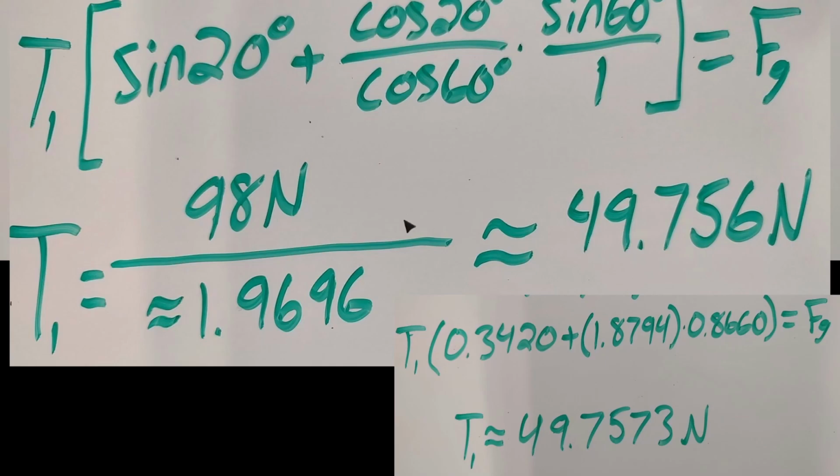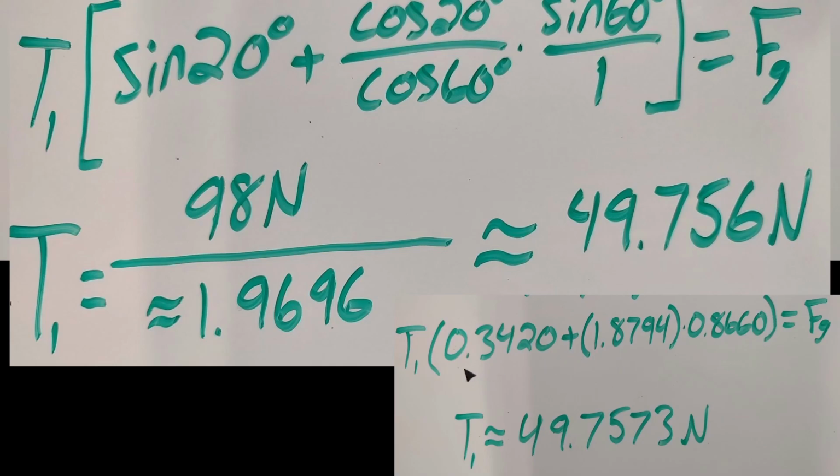And I plugged in Fg is 98 newtons. Then instead of rewriting this whole big thing underneath the denominator, I just rewrote it as about this. And then we simplify. Now we just have T1 equals 98 over all this stuff, which is 49.756 newtons.